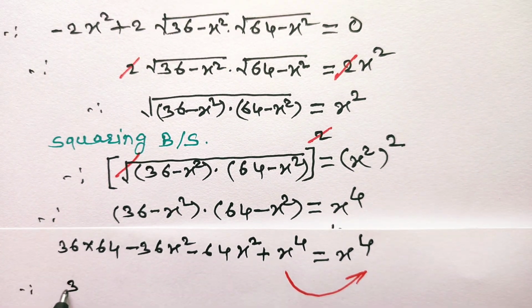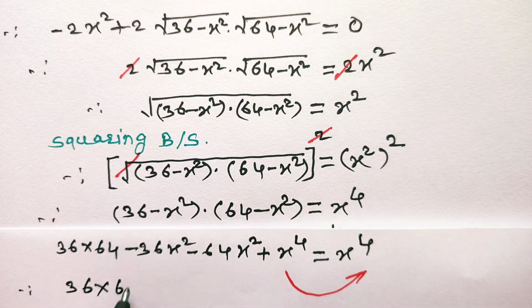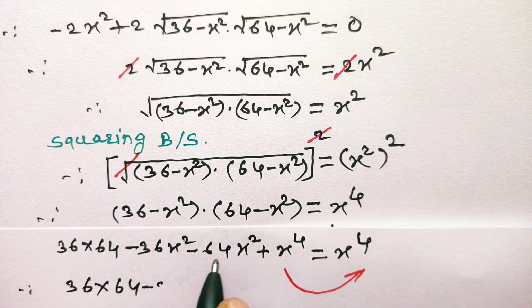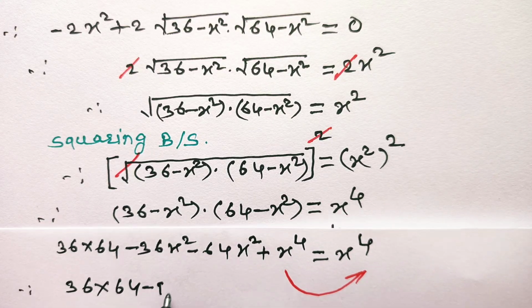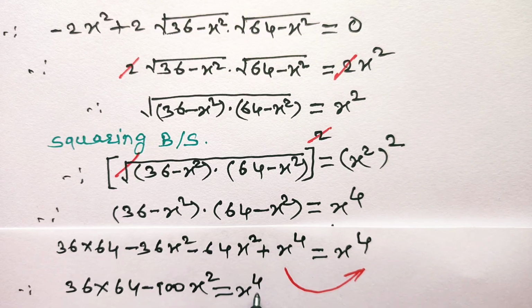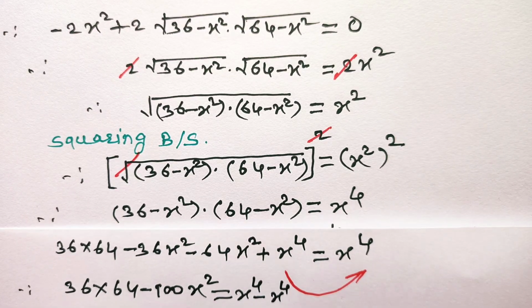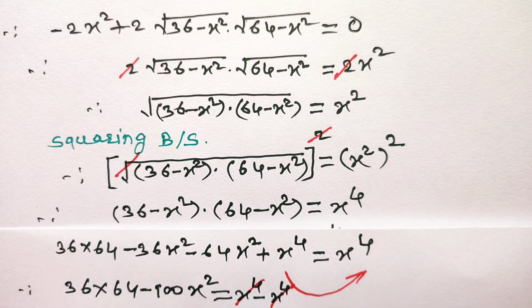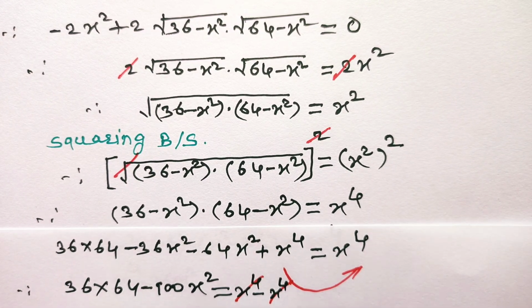Hence, 36 into 64 minus 36 minus 64 minus 100 x square is equal to x to the power 4 minus x to the power 4. This x to the power 4 cancels with this x to the power 4. Right hand side becomes 0.